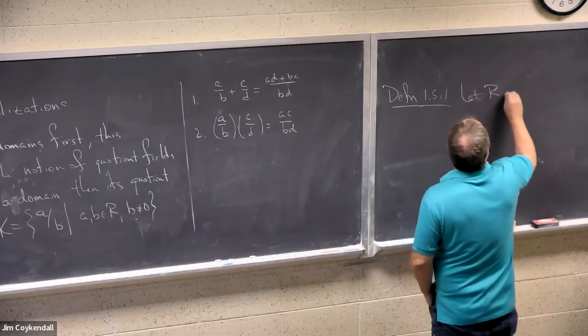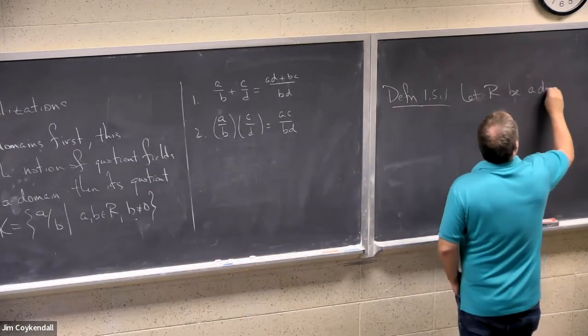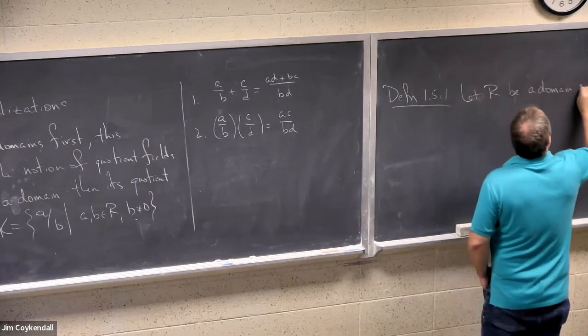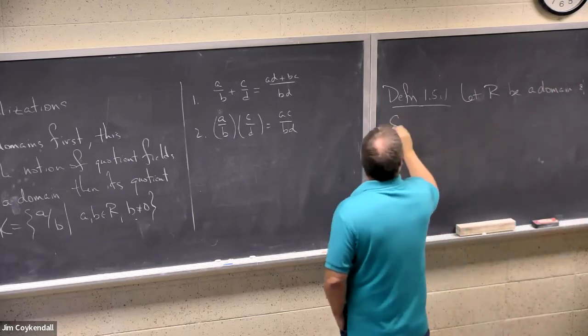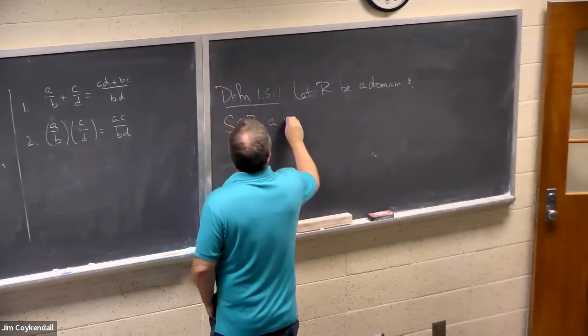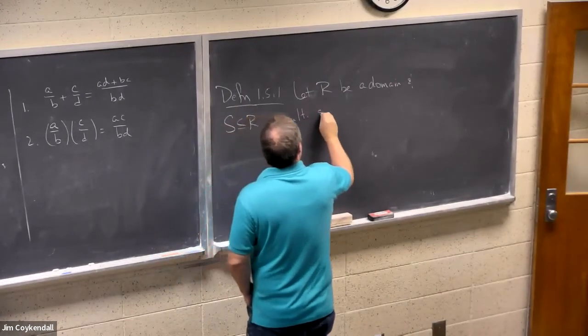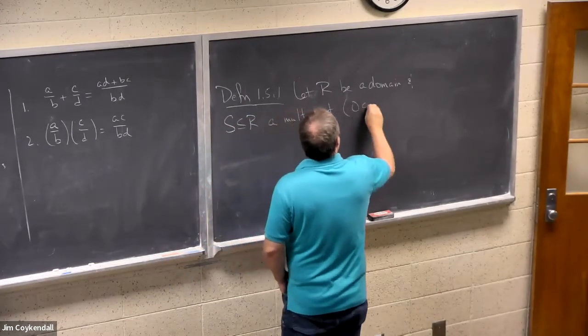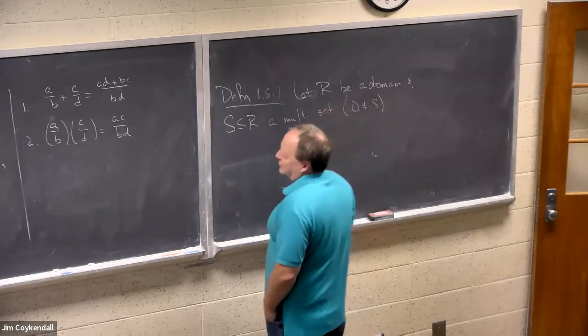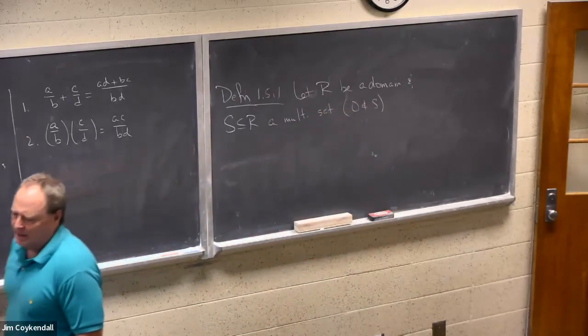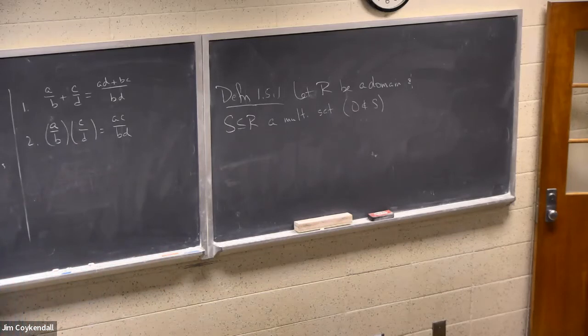Let R be a domain and S in R a multiplicative set. And I will exclude 0 from S because you get something boring, and we'll see that later. We'll just assume that now.